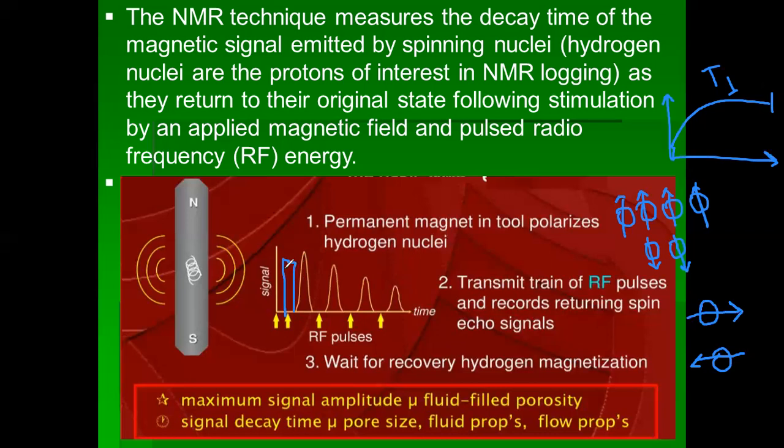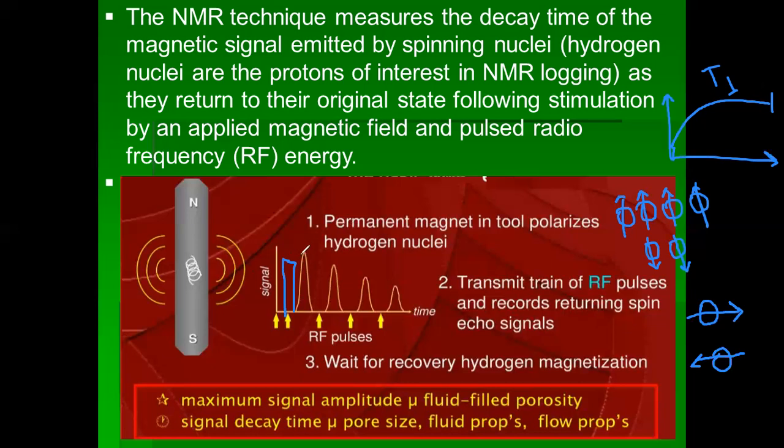When the pulse is on, there will be an increase in the number of protons spinning in the same direction as the alternating magnetic field caused by this pulse.